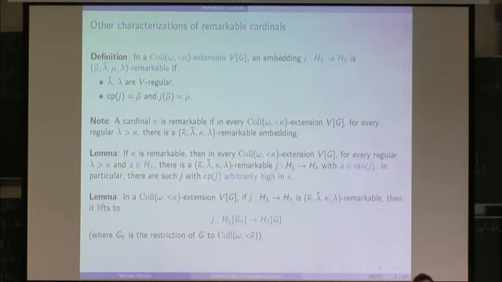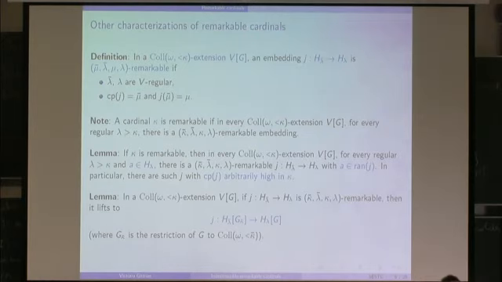Now, let me talk about an extended characterization. So we know we have these embeddings j, right? For every lambda, I have an embedding j. It would be nice if given an A in H lambda, I can put it into the image of a j, right? This is a useful property, and in fact, you have it. So there is not only one j, usually there are lots and lots of j's.